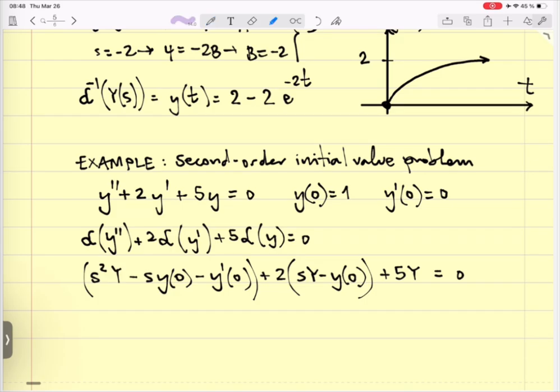So the first derivative initial condition is 0, so we get s squared I minus s plus 2 times sI minus 2 plus 5I equals 0.